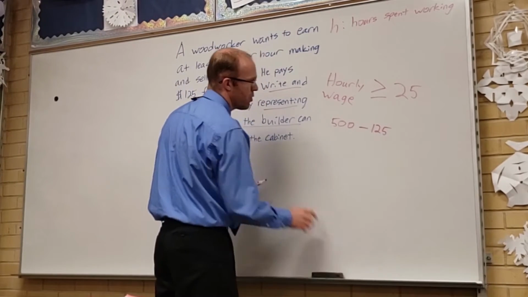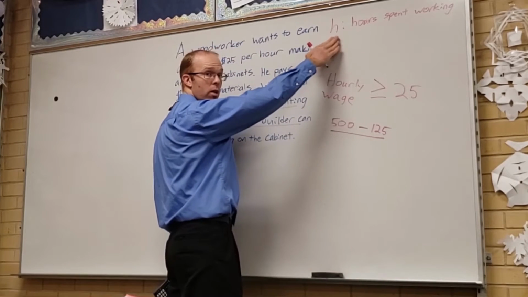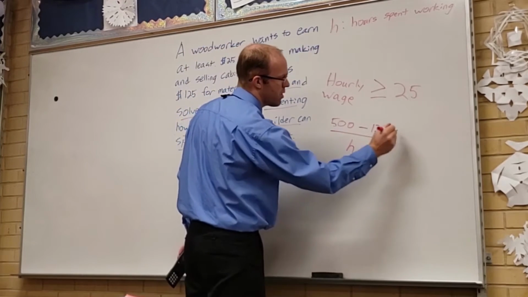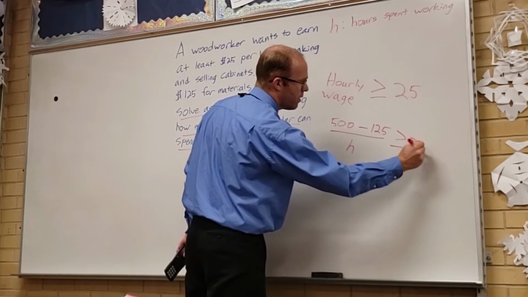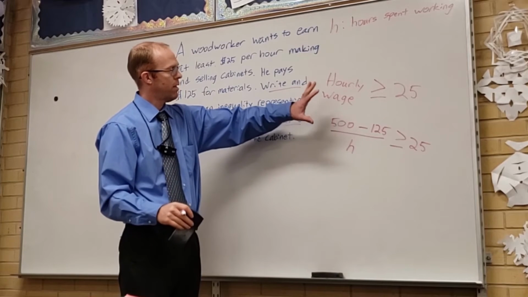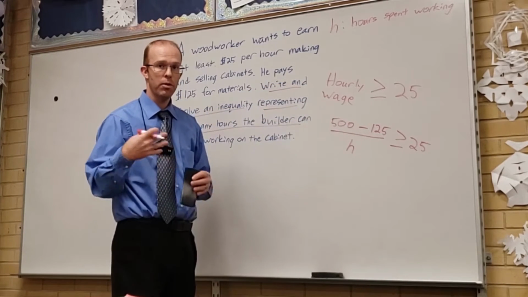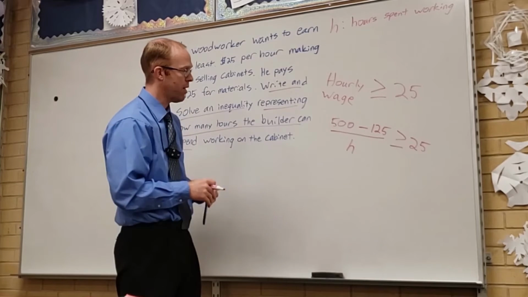And per hour, so per means we're going to divide by the number of hours, which we called H. So we have now successfully related our number of hours to the hourly wage right here. When we solve this, we'll be able to find some possible solutions and graph it.